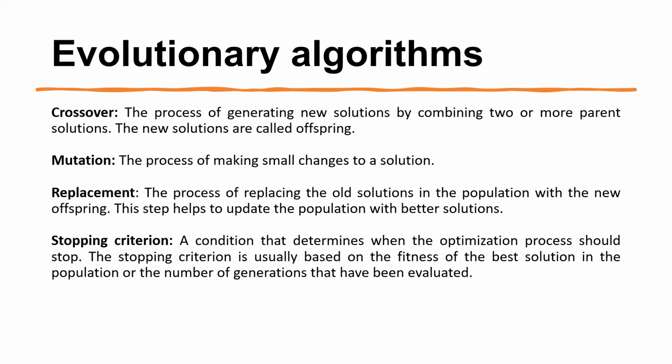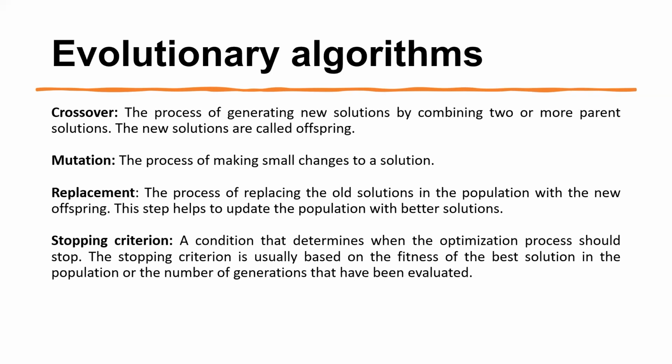And then we have replacement, the process of replacing the old solutions in the population with the new offspring. This step helps to update the population with better solutions. Because we run for a number of generations, when the new offspring are formed, we have to replace the parents with them, so that a variety of data is included for the next iterations.